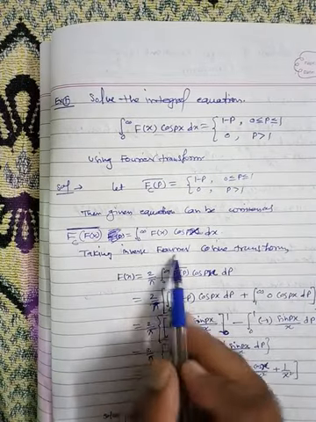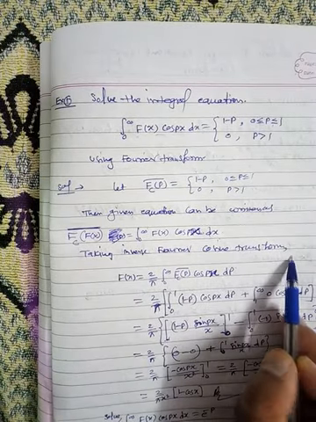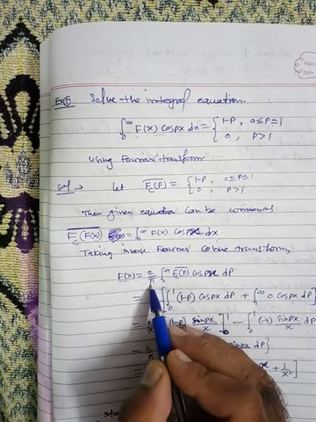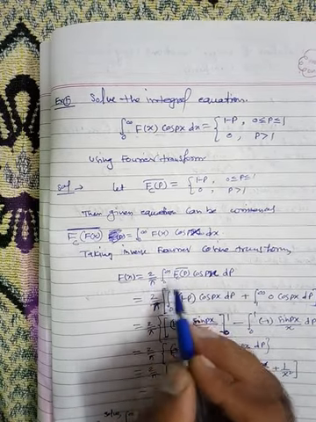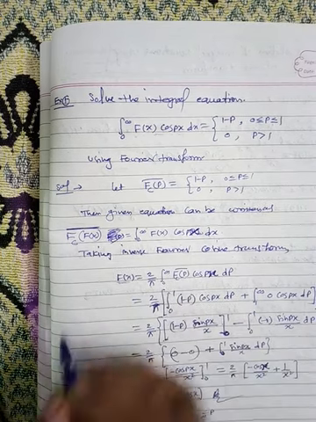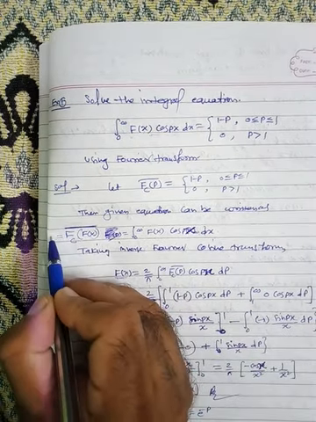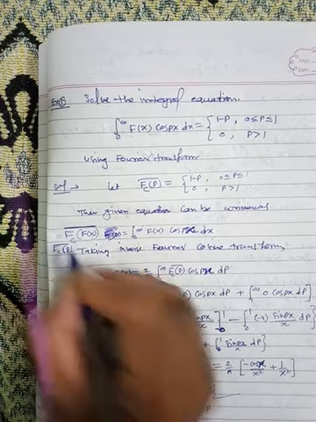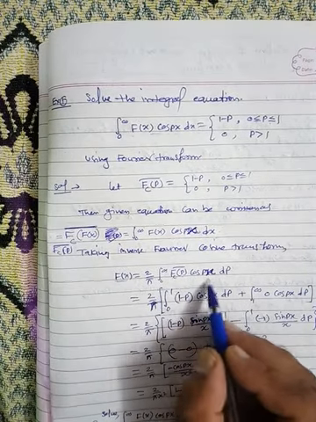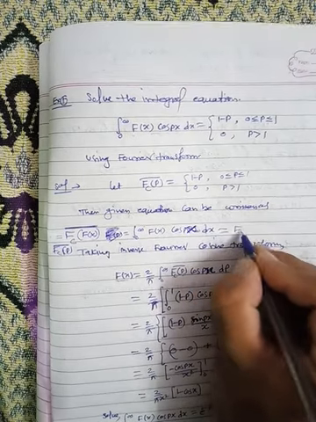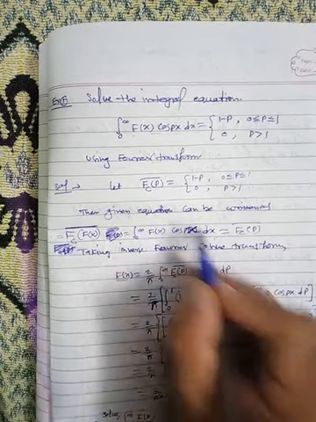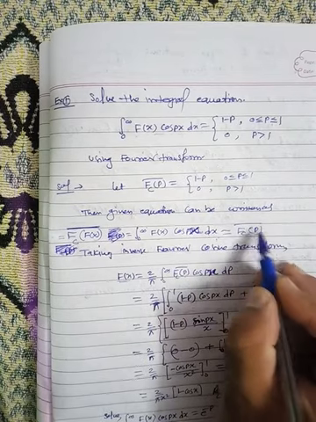So taking the inverse Fourier cosine transform, we have f(x) equals 2 by pi times the integral from 0 to infinity of F_c(p) bar cos px dp. In short we can denote this F_c(p) bar, because after solving this for x we get a function of p.